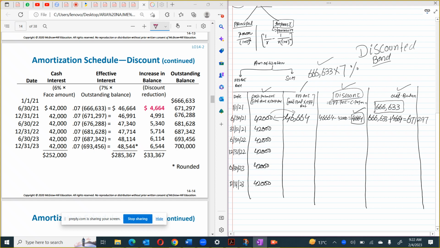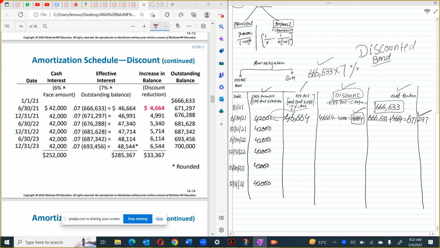Now, I will calculate the next balance. This cycle will repeat again and again. You will multiply the effective interest with the outstanding balance. What is the outstanding balance for the last period? This amount, right? So you will multiply 671,297 with the effective interest rate, which is 7%.